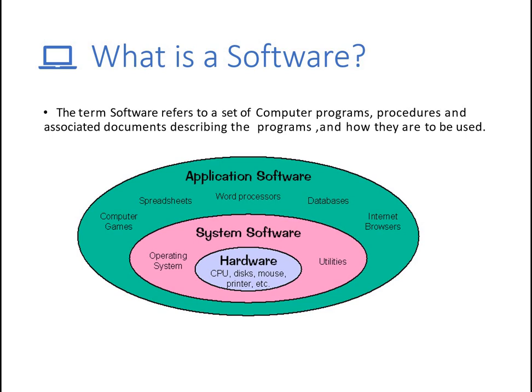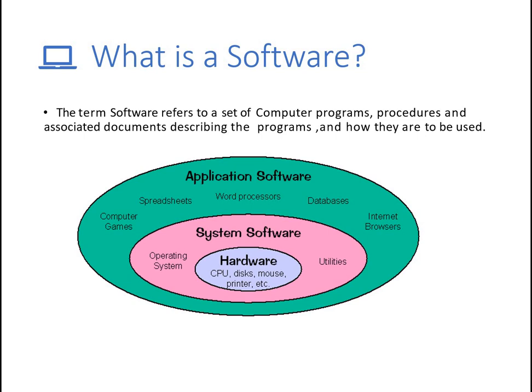Any set of documents which prescribes how this should work and how these programs will help your computers to do what type of functions. So basically, software is such a set of computer programs or procedures which describe how a program or a function in your computer should work.